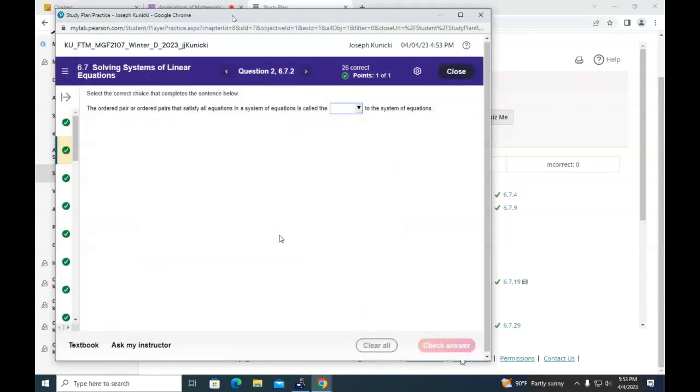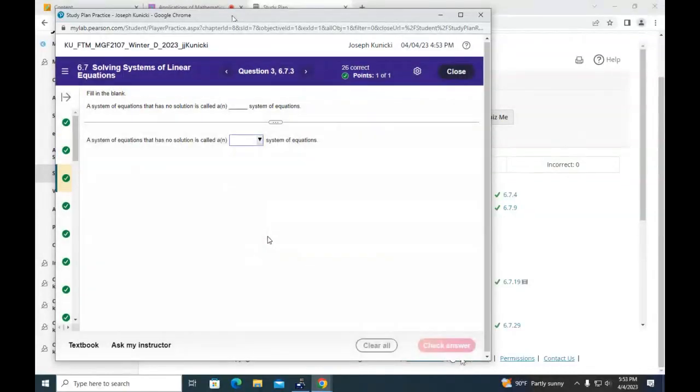The ordered pair or ordered pairs that satisfy all equations in the system are called what? Solutions. Yeah, they're the solution. They're what makes it true. A system of equations that has no solution is called, I think I mentioned it, it's on your printout, inconsistent.